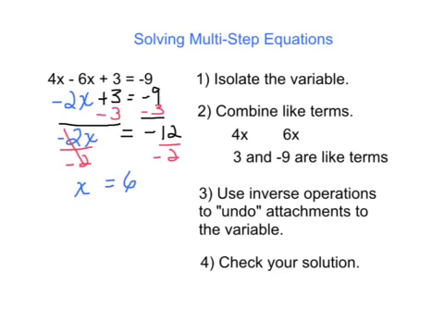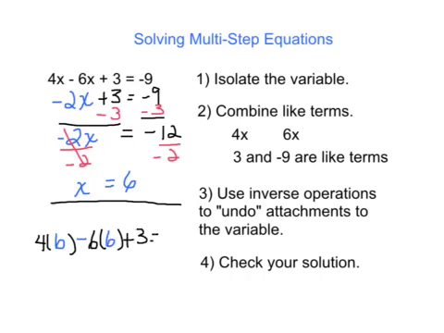Now that we have a solution to the equation, we'll need to check the solution to make sure that it makes a true statement. To check the equation, I go back to the original equation, 4 times the value that I said x was, which is 6, minus 6 times the value we said x was, again, 6, plus 3.